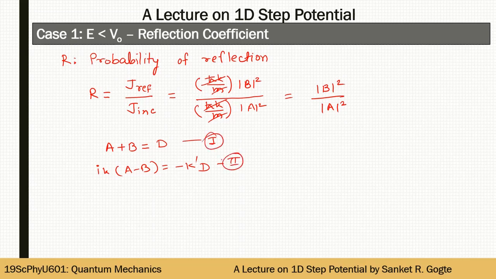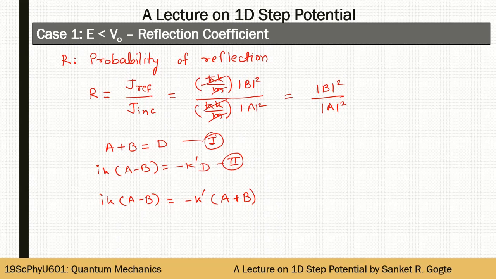Plugging D from equation 1 into equation 2, what I get is ik A minus B is equal to minus k prime A plus B. So this equation now has only A and B, and therefore I should be able to write B in terms of A. So let's do it.